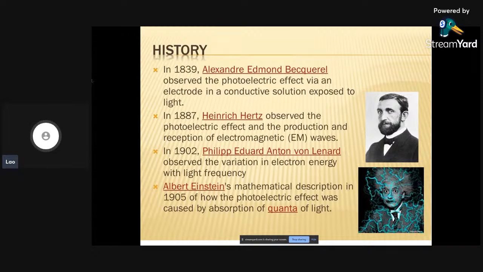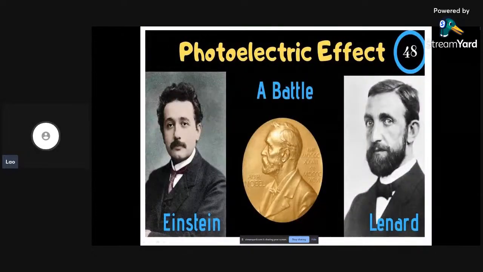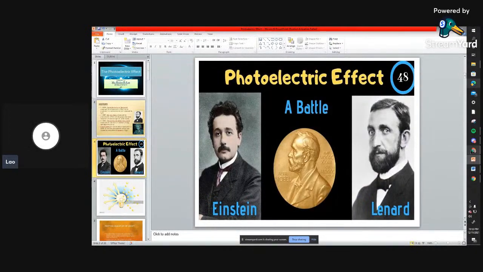Also Albert Einstein's mathematical description in 1905 of how the photoelectric effect was caused by absorption of quanta of light. So nagkaroon ng battle na tinatawag, kung saan nagkaroon ng contradiction and collaboration si Einstein and Lenard when it comes to the photoelectric effect. So I'm gonna show you the video here.